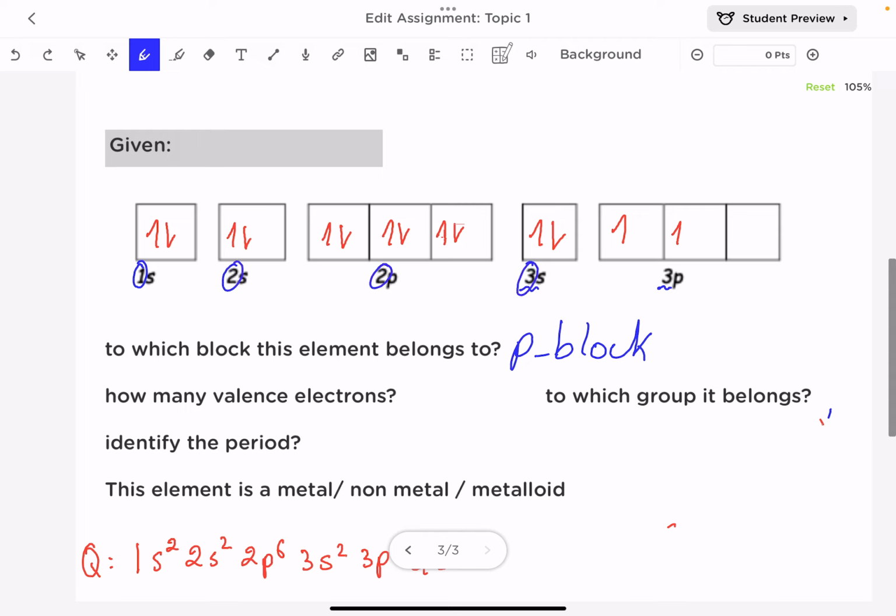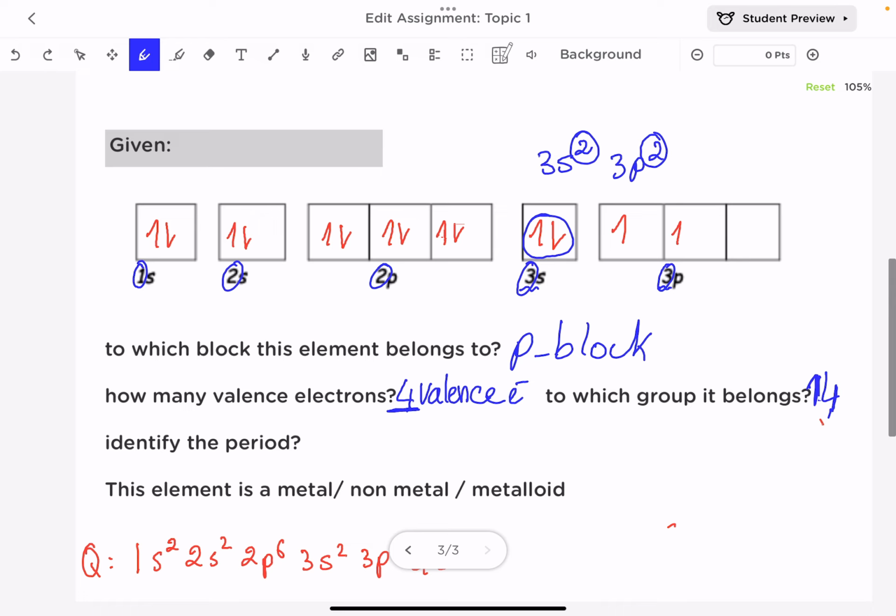And the highest level filled with electrons here is 3s and 3p. So in 3s we have 2 electrons, and in 3p we have 2 electrons. So the total number of valence electrons is 4. And if I have 4 valence electrons, it means that these elements belong to group 14.